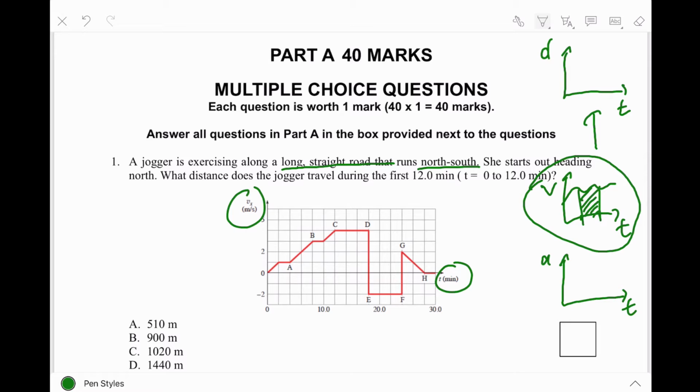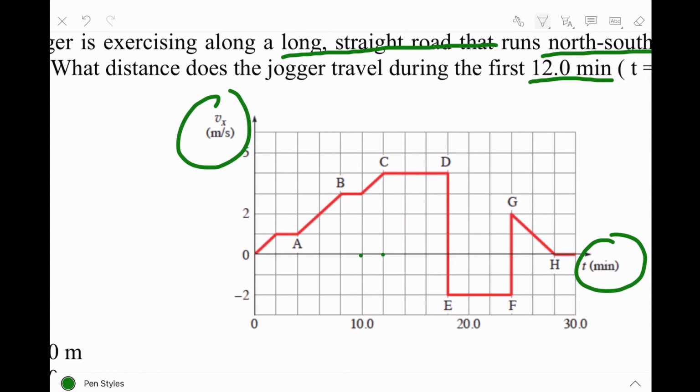This area is how much it covers in this time interval. So what it means is we want to find the area under this graph. Now there's 12 minutes, so we locate, this is 10, this is 12. So we are trying to find the area bound by this graph.